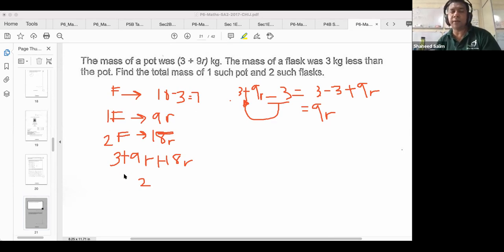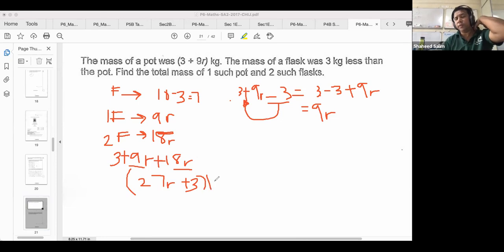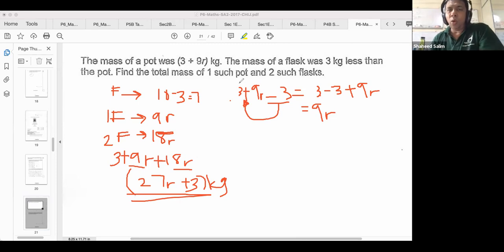Then you have the 3. So bracket this whole thing up in kg. This is your answer. Now always remember, if you get confused by this, use a number and see the steps. That's what I did. Okay, we move on.